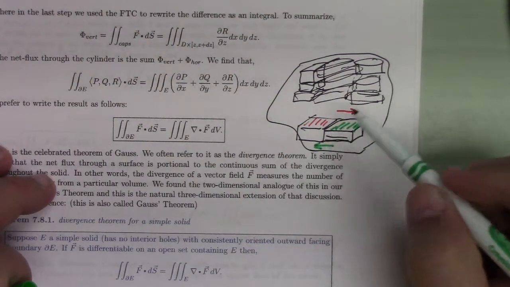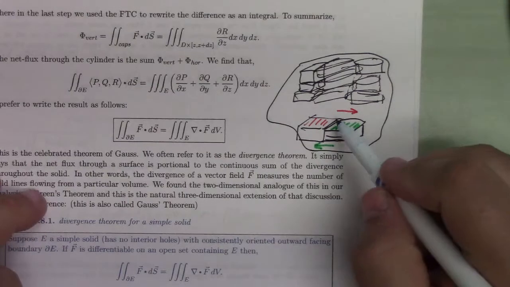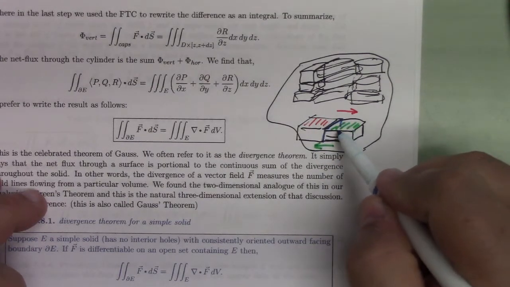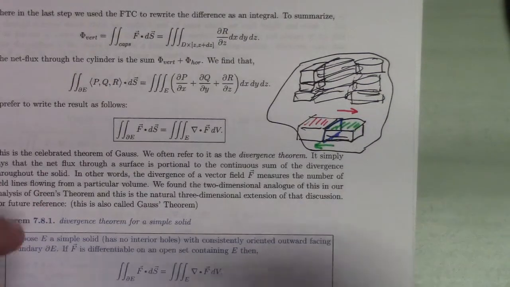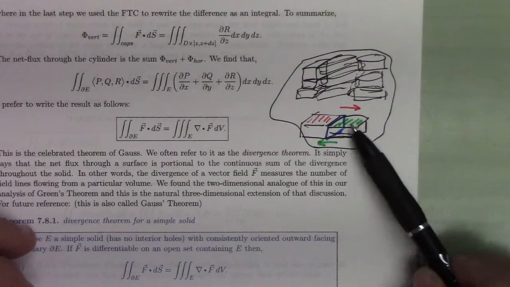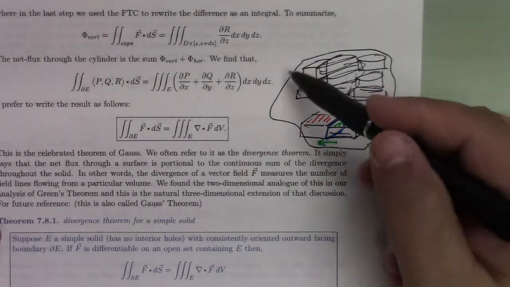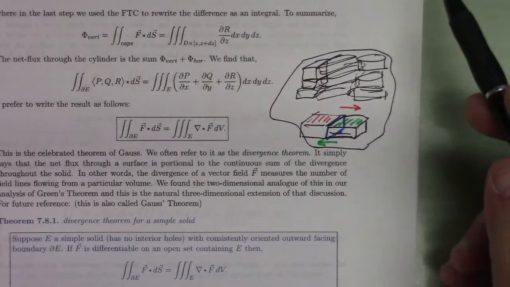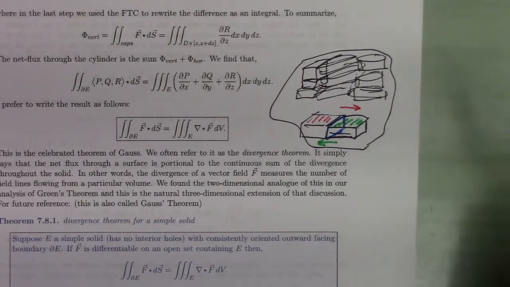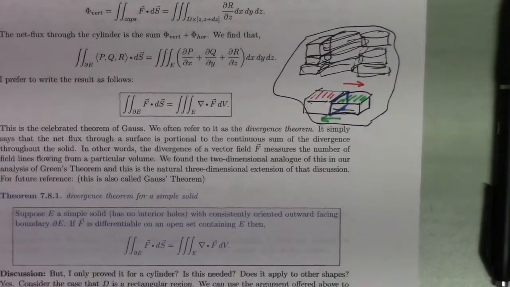But it's the same point set, right? It's the same point set that's shared by both of these subvolumes, if you will. And so on that cross face, the meeting face, the flux cancels. And so as you add those all together, you end up with just the exterior of the whole solid. So it's that same breakdown that we talked about for Green's theorem and also for Stokes' theorem.